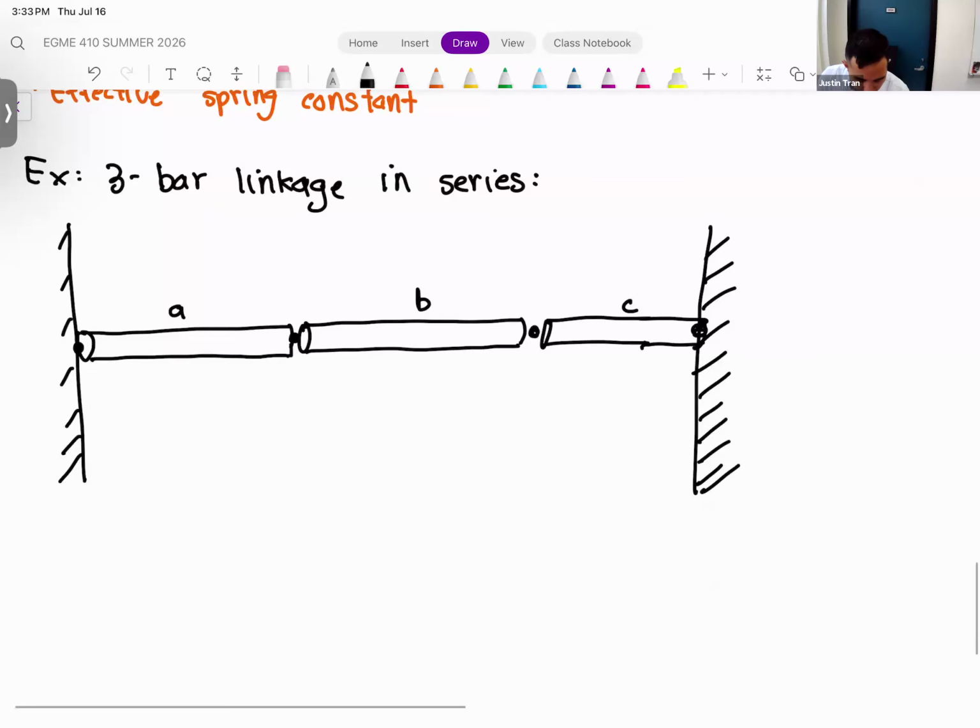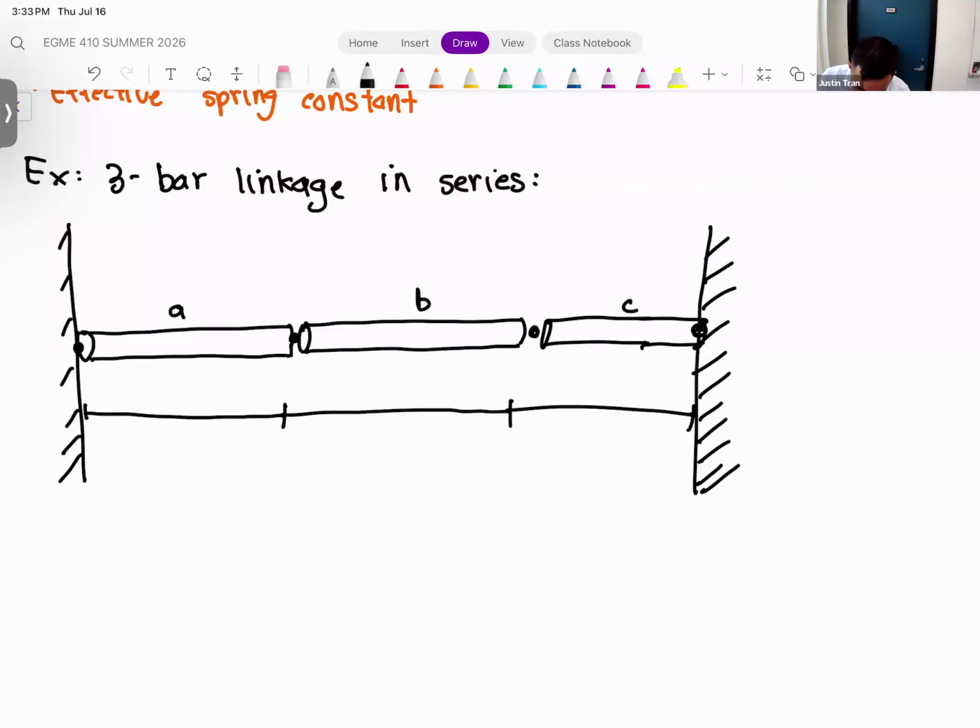We're going to assume that all 3 bars have the same length, and so their length is going to be 30 inches.